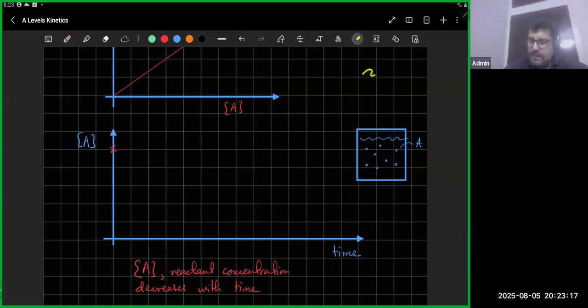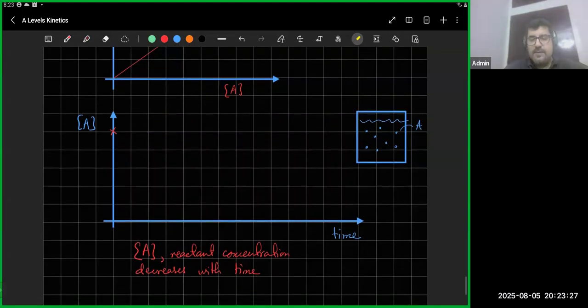So slowly this beaker will have lesser and lesser particles of A. If A concentration continues to decrease with time, the reaction will proportionally slow down.